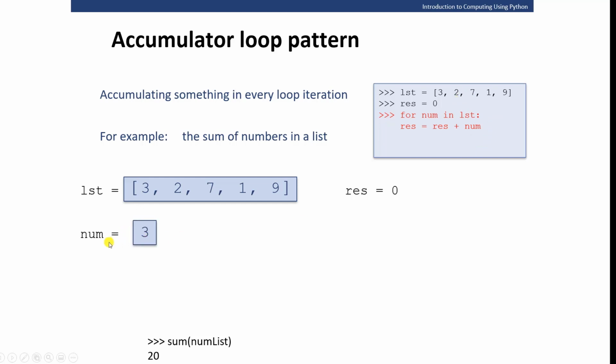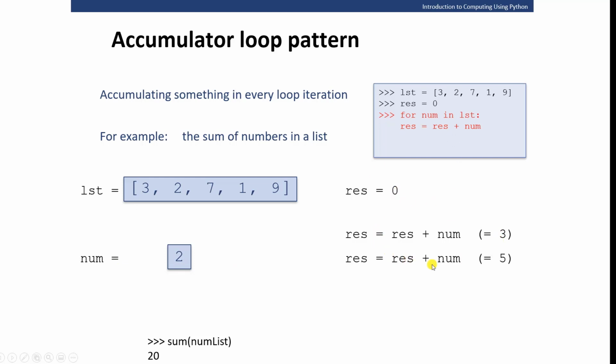So as you can see here, num is equal to 3. That means the result is equal to result plus num, which is equal to 3, because 0 plus 3 is equal to 3. Now num is equal to 2 and the result is equal to 3. So the new value of result will equal what? To 3 plus 2, which is equal to 5.